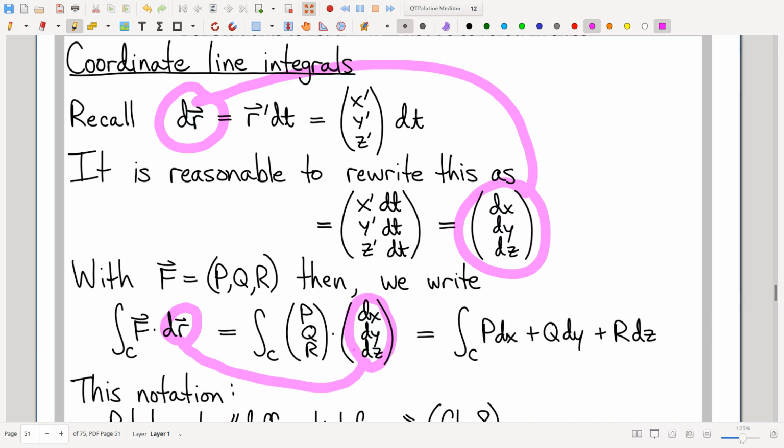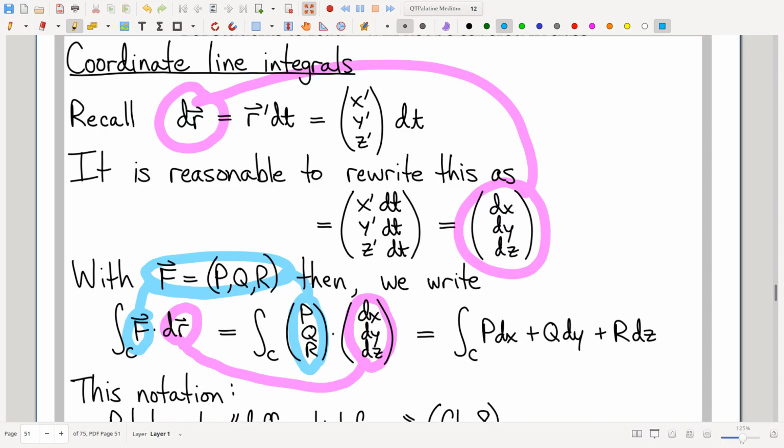Now your vector field, of course, will have coordinates. P, Q, R is actually a pretty common choice to name those coordinates for whatever reason. I wouldn't even call it a convention, but it's a common choice. And now, check it out, my F dot dr, again, this is my favorite notation for writing vector line integrals.